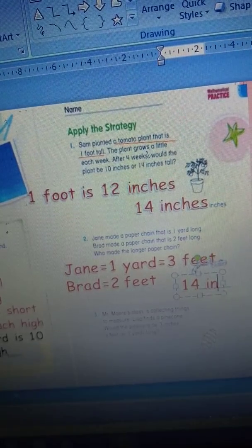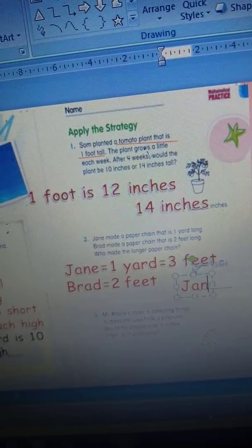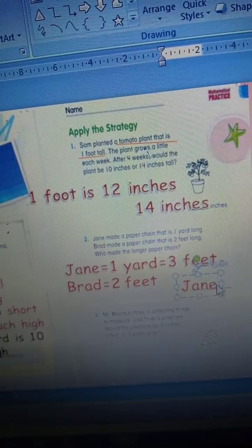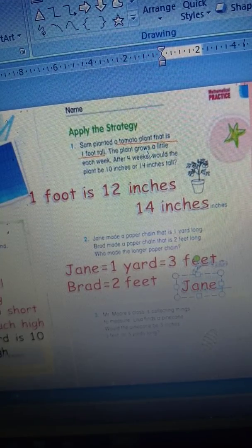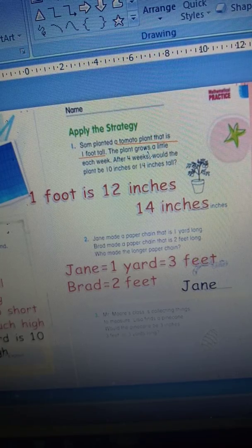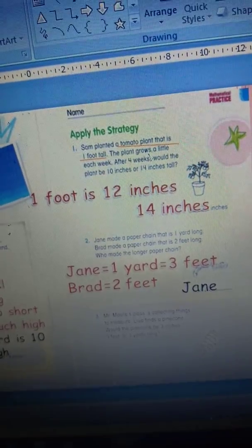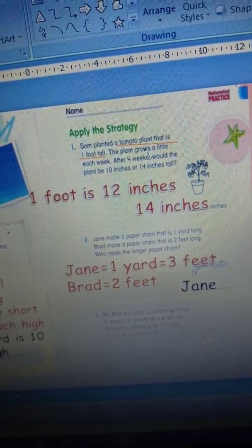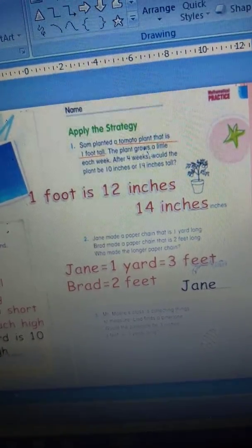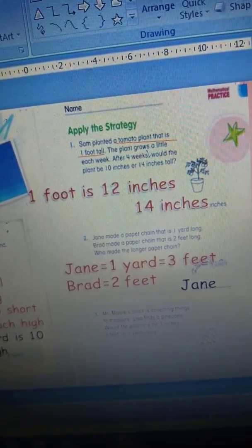Kindly write the word Jane. Okay? Clear? Because Jane has 3 feet and Brad has only 2 feet. So, the longer is the 3 feet.